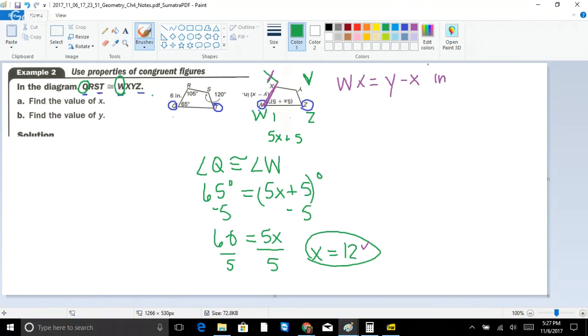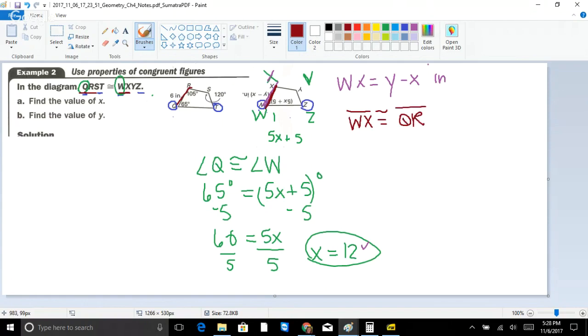Okay, so let's look at what sides are congruent. I know that my sides that are congruent that I can use is WX over here. That side WX is congruent to this side over here. And if I look at my equation, WX are my first two letters here, so WX should be congruent to side QR.